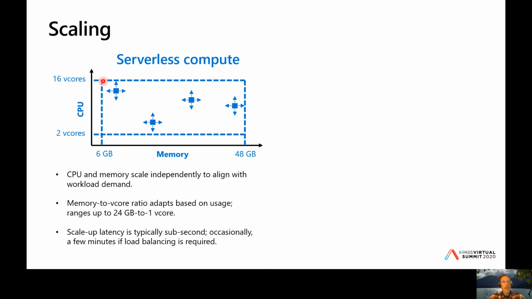There can be occasions where the rescaling time can take a few minutes if within our service internally we have to load balance resources in order to provide those resources. That's a much more rare occurrence. We'll talk more about that a little bit later in this session.